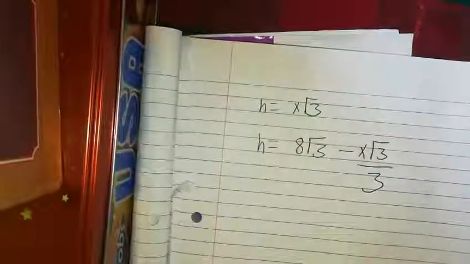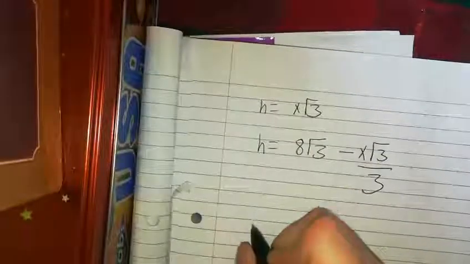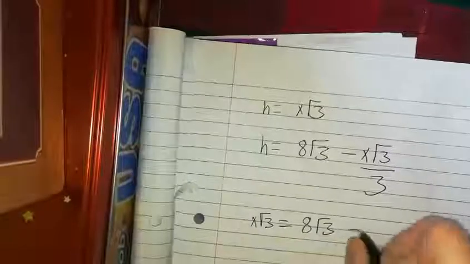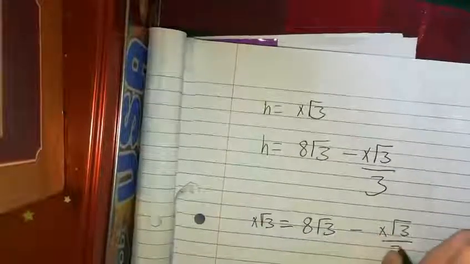But h is equal to h because they're both in h, so I can let them equal. So I'm going to let x root 3 equal 8 root 3 minus x root 3 over 3.